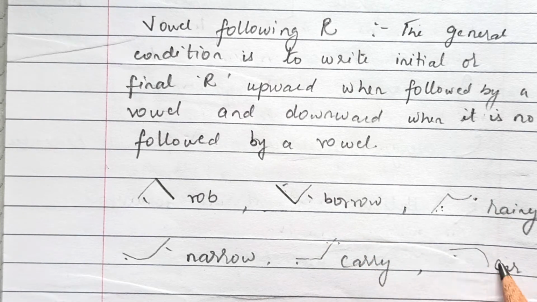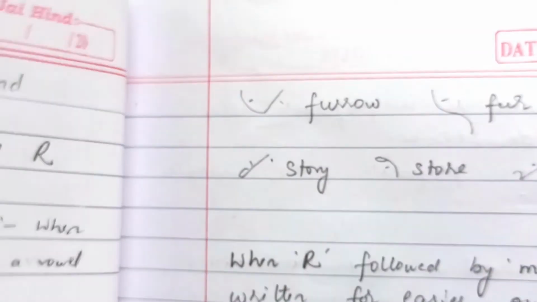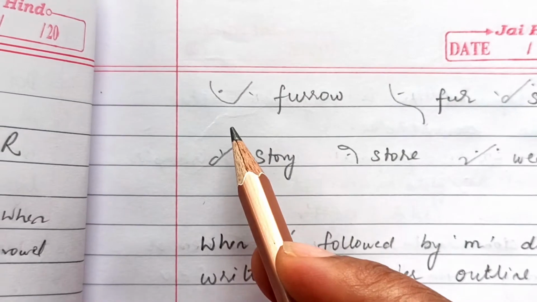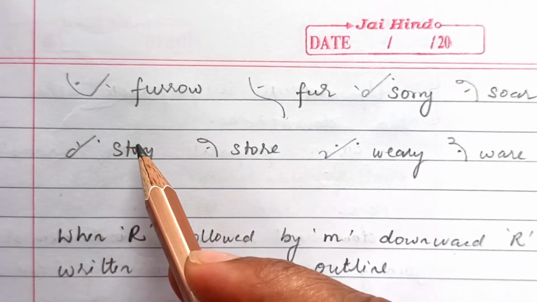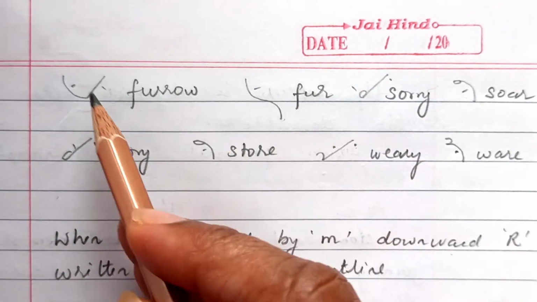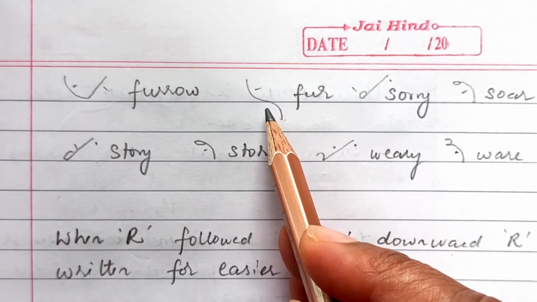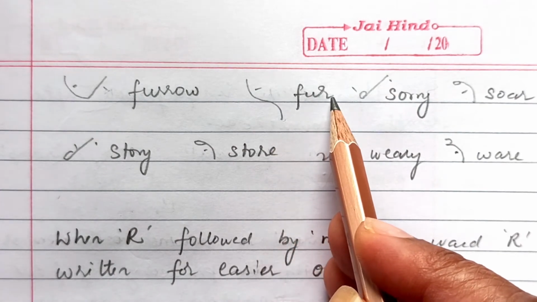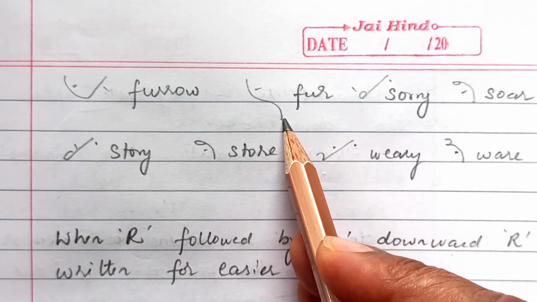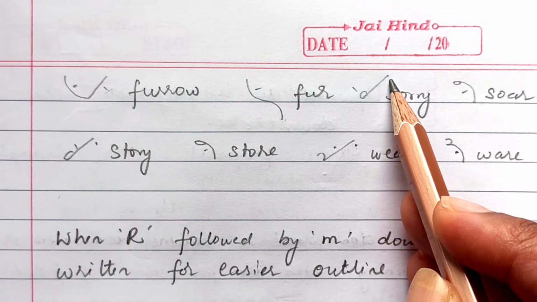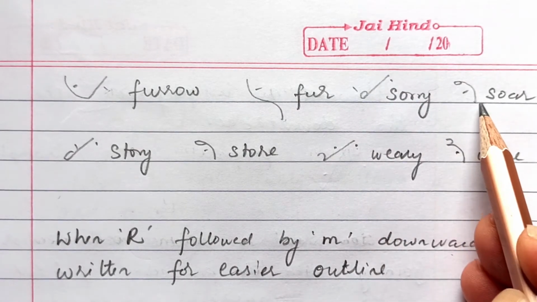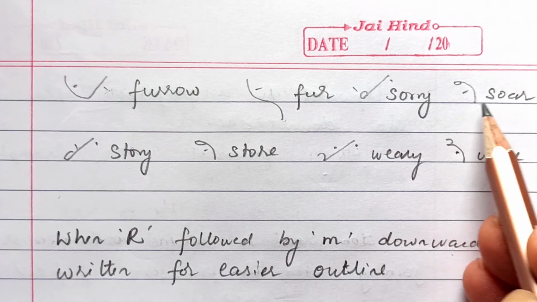In this word car, there is no vowel following R, hence the downward R is written. And in the word furrow, the vowel follows R and there is no following vowel of R, hence the downward R. Again, sorry, the vowel follows R. So, there is no vowel after R, the downward.